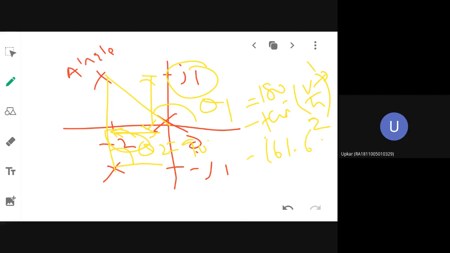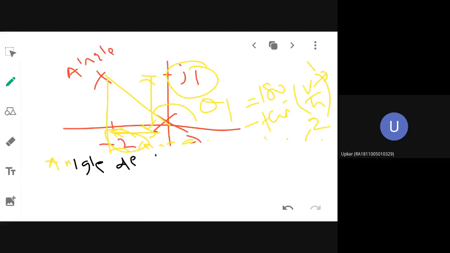Now you need to find out the angle of departure. What is the formula for it? Tell me the formula first. Angle of departure at A is 180 minus the sum of angles of vectors drawn from all the poles.